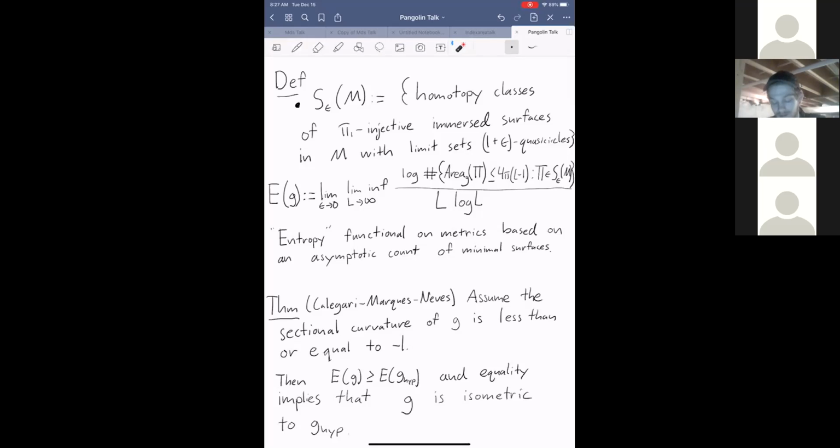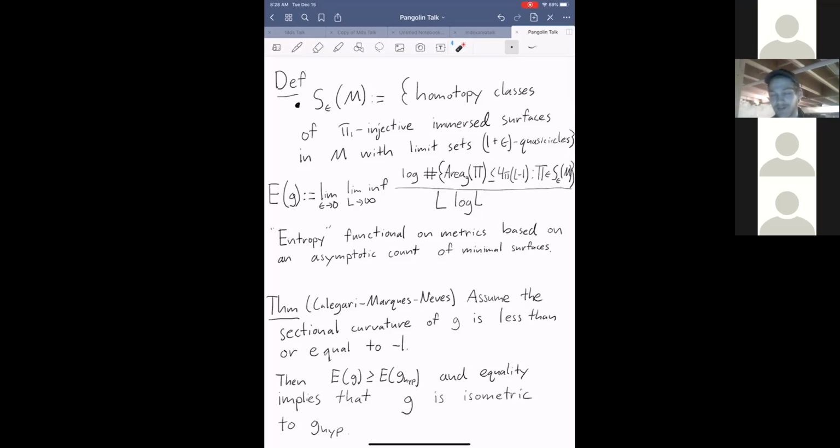Is there some idea of why it's L log L that you are looking at and not L, like you do in entropy for the geodesics? Yeah, right, it is different from what you have for geodesics. That's just what Kahn and Markovic's count gives. I haven't looked at that paper in a while, but I guess the rate of mixing you have for the frame flow goes into that.